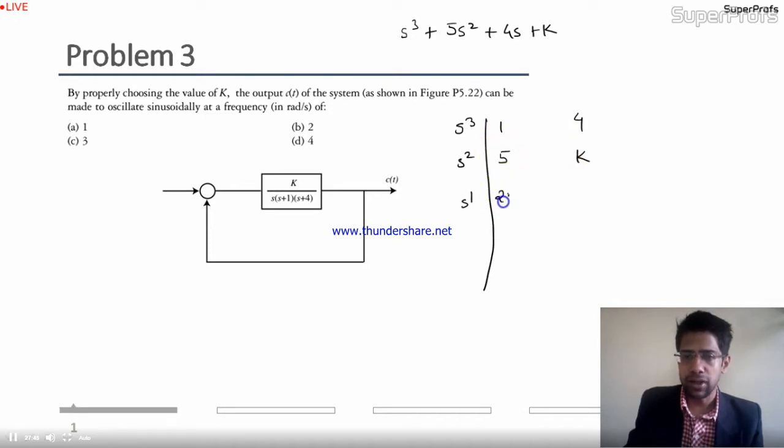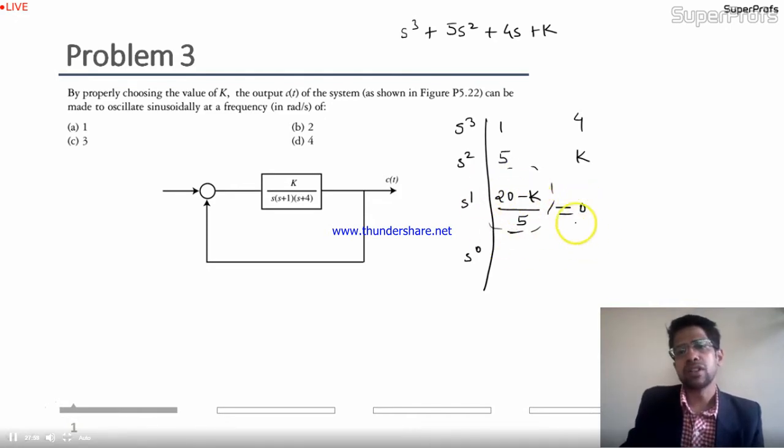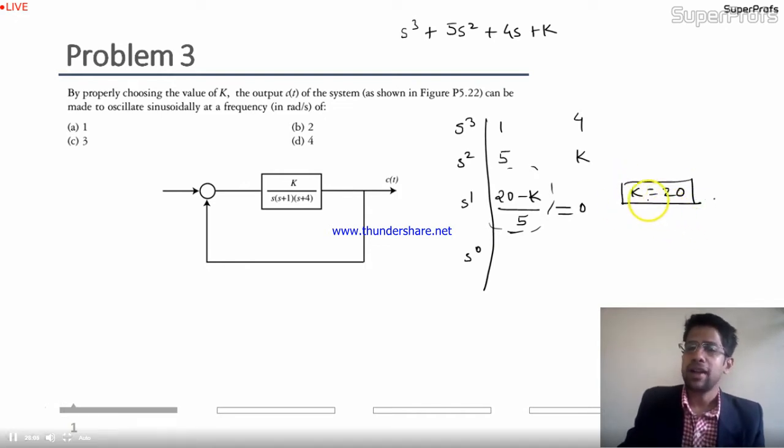So you get (20 minus k) divided by 5. For this system to be critically stable, this value here needs to be 0. For this value to be 0, you need k to be equal to 20.